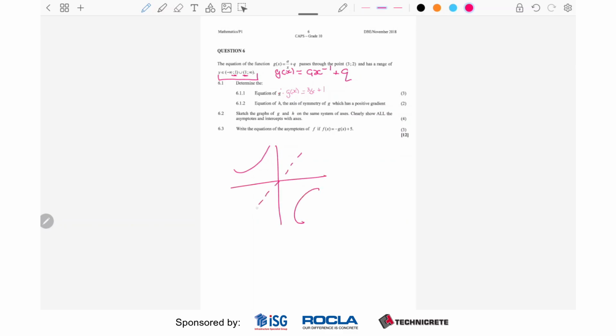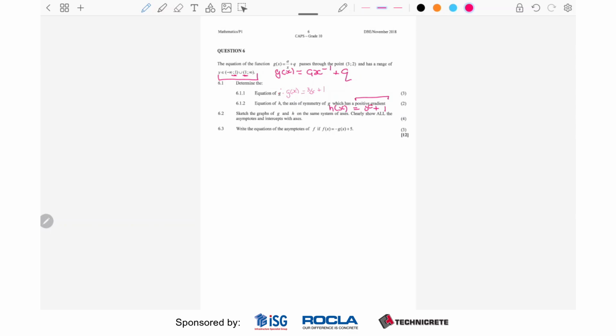The axis of symmetry will be somewhere in the middle like that. Once you fold over this top part to become the same as this part, they will be overlapping. So that eventually will mean that the axis of symmetry, as we know, will be y equals x plus 1, since it's a positive gradient, instead of x minus 1.